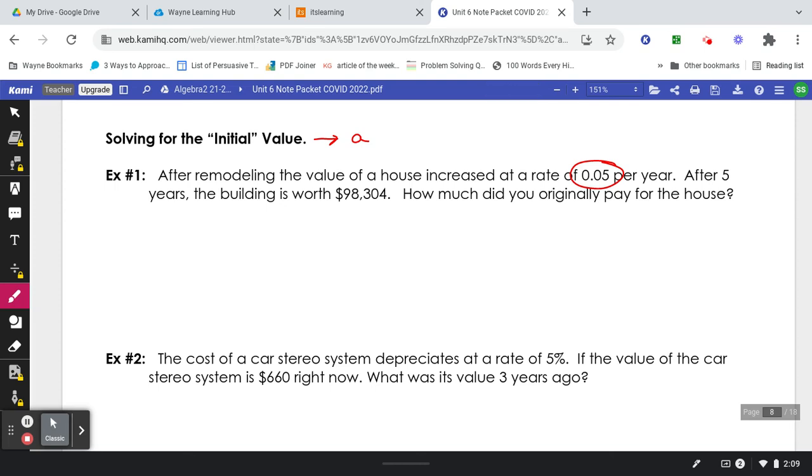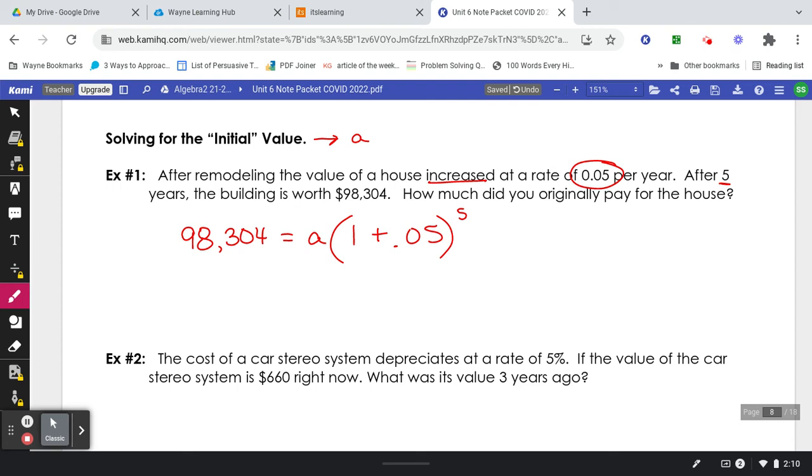So this time, this $98,000 is the ending amount. It's the Y value. Then the A, the starting amount, is what we don't know. 1 increasing means plus 0.05. 5 years would be our time.